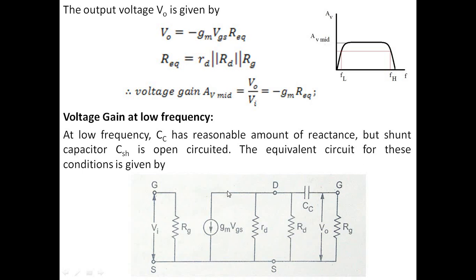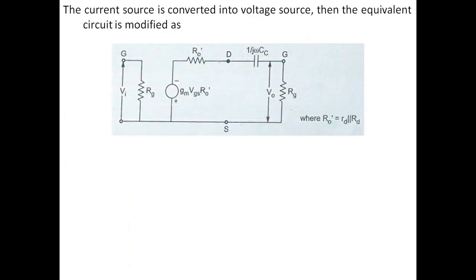I will get a voltage source with an equivalent resistance R0 dash, which is the parallel combination of small rd and capital RD. R0 dash is the parallel combination of small rd and capital RD, and we have made that current source into a voltage source.